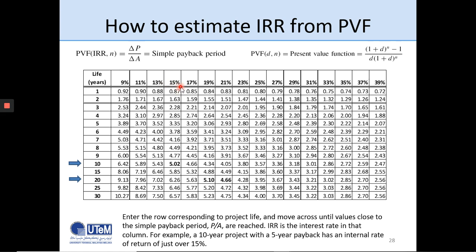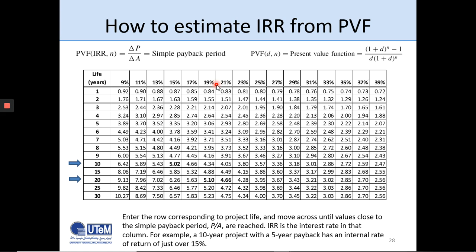If we go for 20 years lifetime, and we follow the horizontal row until we reach 5 years, the value we find is somewhere between this one, 5.1 years, and this one, 4.66 years, so we can extrapolate. But we can roughly say that the internal rate of return is around 20%.